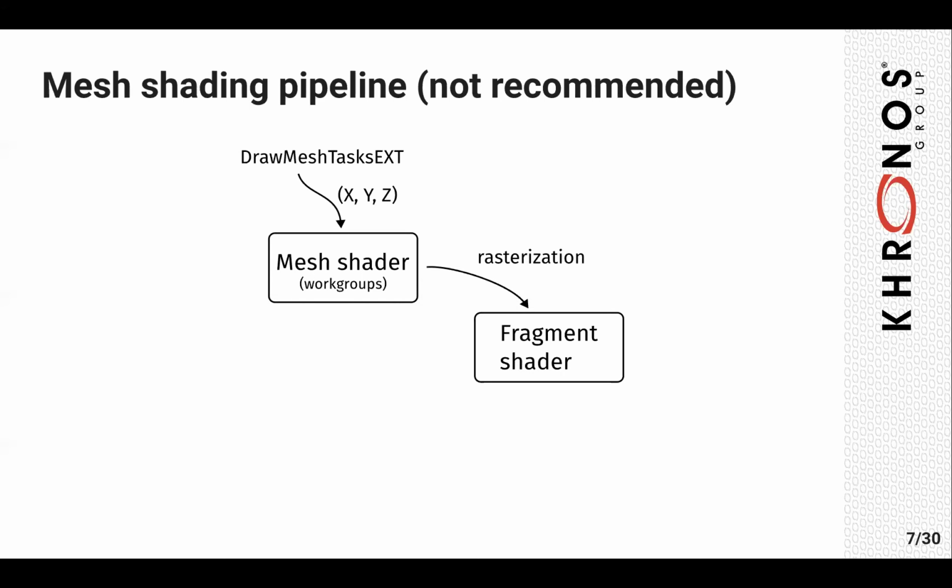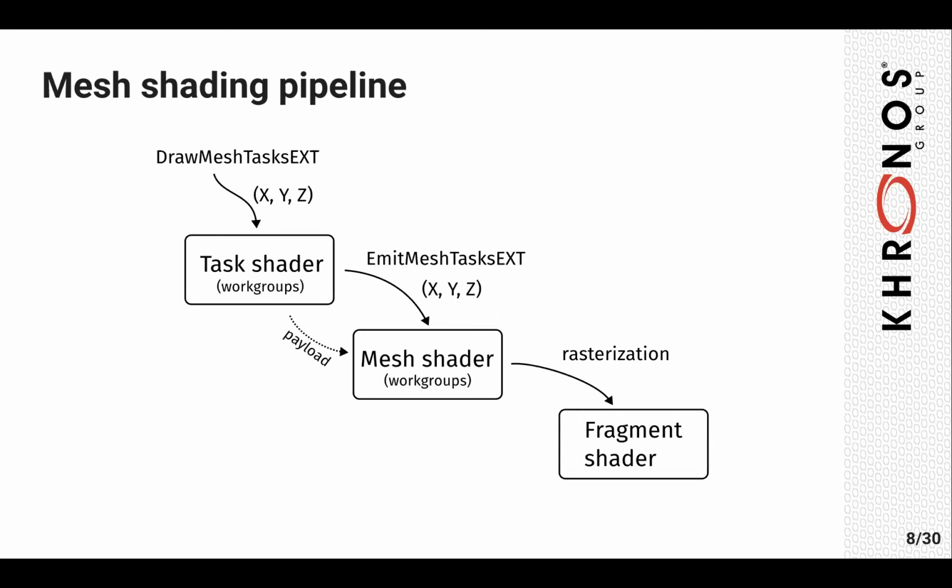Okay, so on the basic level, you can use just a mesh shader and just a fragment shader with it. And this pipeline will work, but I would say this is not a recommended configuration. In order to get the best performance out of the new pipeline, I also suggest to use task shaders. This is known as amplification shader, if you're familiar with D3D terminology.